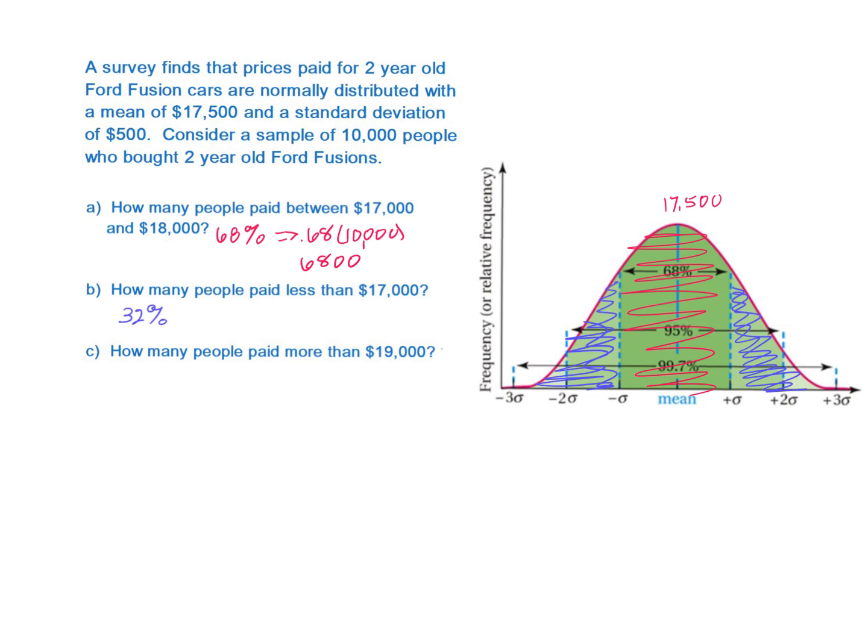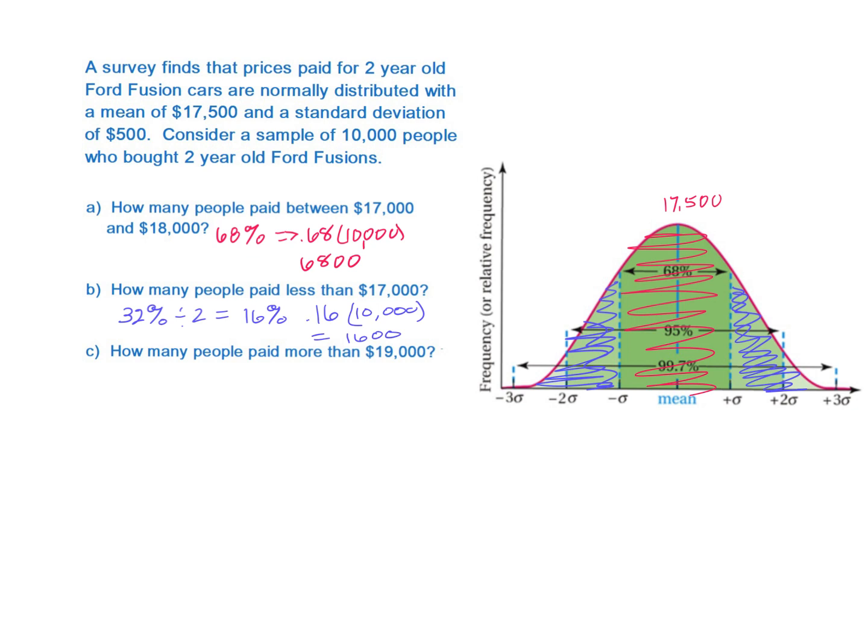But then we only want half of that, so we'll divide by 2 and say 16%. And then if we take 0.16 and we multiply that by 10,000, we are going to get 1,600 people that paid less than 17,000, so the lower side of 2 standard deviations.